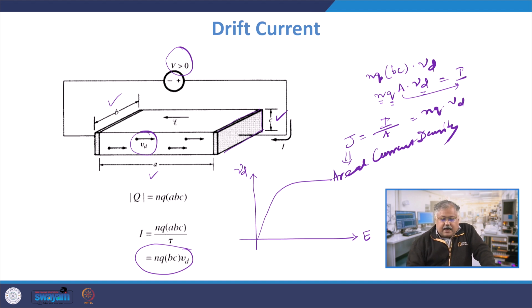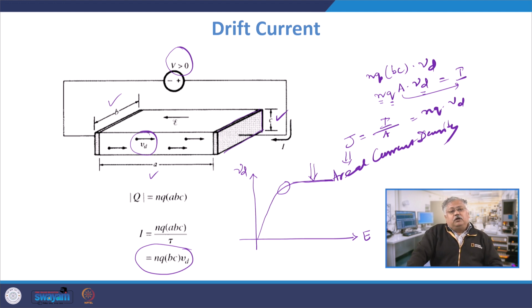At low values of electric field, the drift velocity increases linearly with the electric field. At intermediate values, Vd becomes a nonlinear function of the electric field, and then it saturates beyond a particular point, which means that Vd is constant, and the current therefore becomes constant, right?